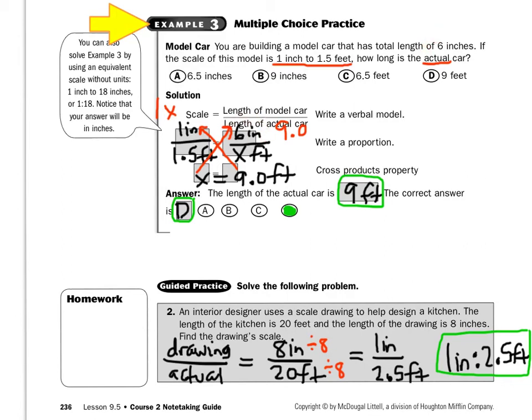So we're going to put the 6 inches on top and X feet down below. Remember, we want the labels to match. And now do the cross product. So 1.5 times 6 gives me 9, and X times 1 gives me X. So I bring that down. X, bring down the equal sign, equals 9. And then remember, use the label of feet. So X equals 9 feet. So the actual car would be 9 feet long, and that would match D as in dog.